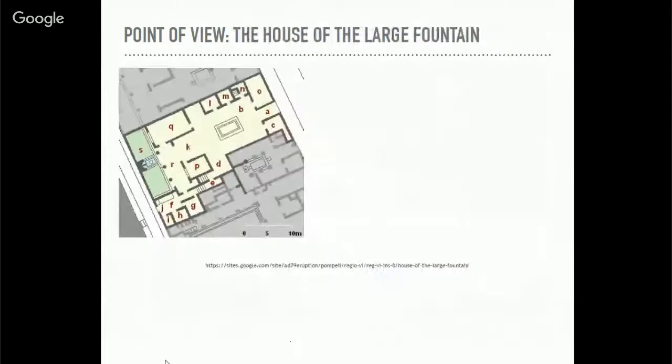And last, because I felt really bad not giving a last example about Pompeii, I thought, okay, I want to find one of my favorite things in Pompeii, illusional architectures. Sorry.